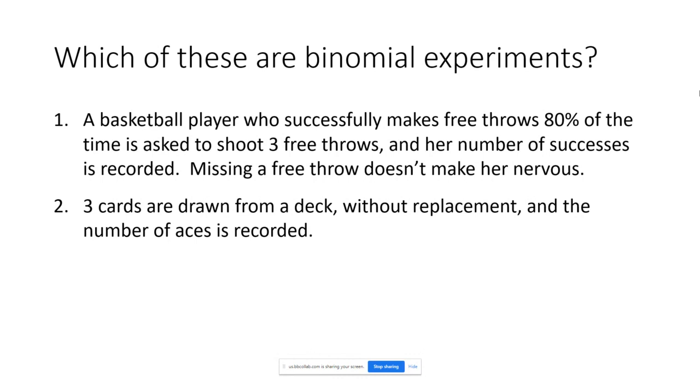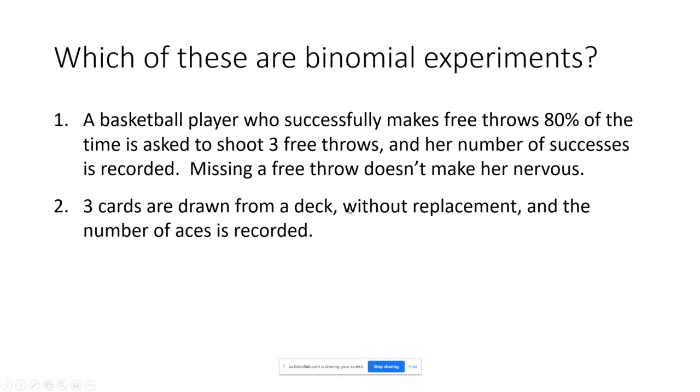Thumbs up for yes, it's binomial. Thumbs down for no, it's not. Some people without thumbs. Niall, why do you say thumbs down? The probability of drawing these changes as the experiment goes on.